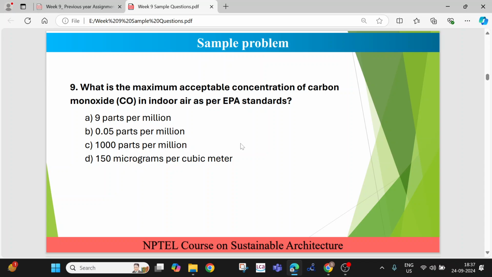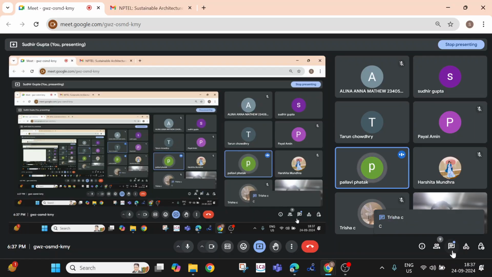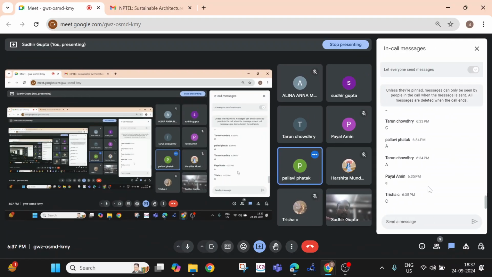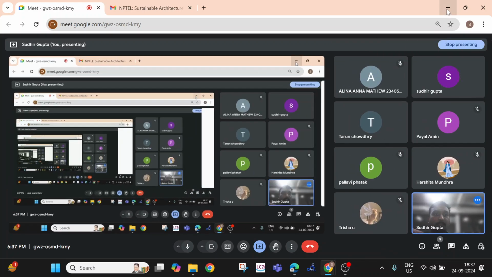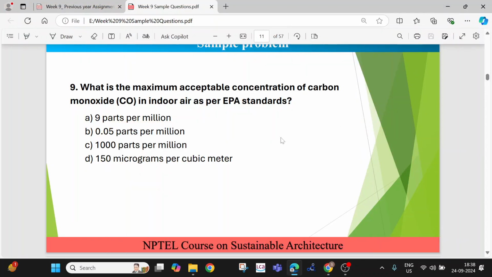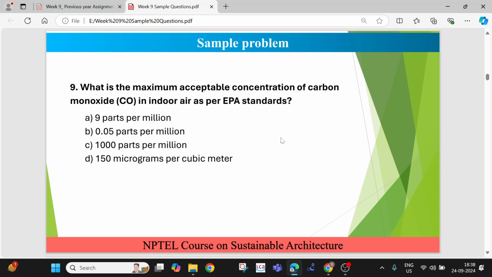C, sir. How much is it? 9 ppm. Okay, so it is 9 ppm for this particular pollutant, carbon monoxide.